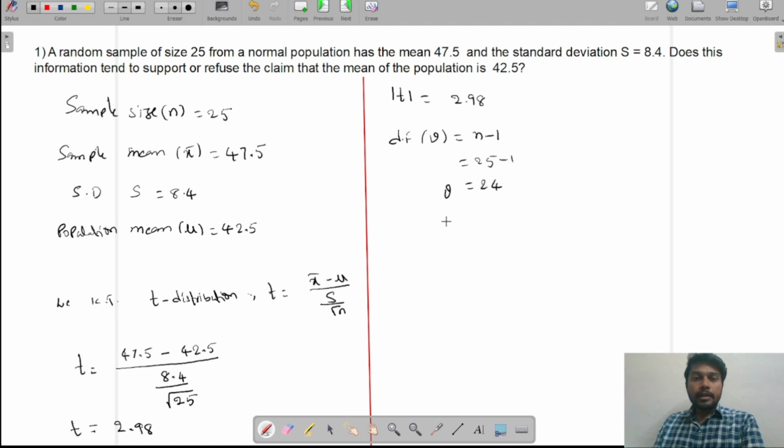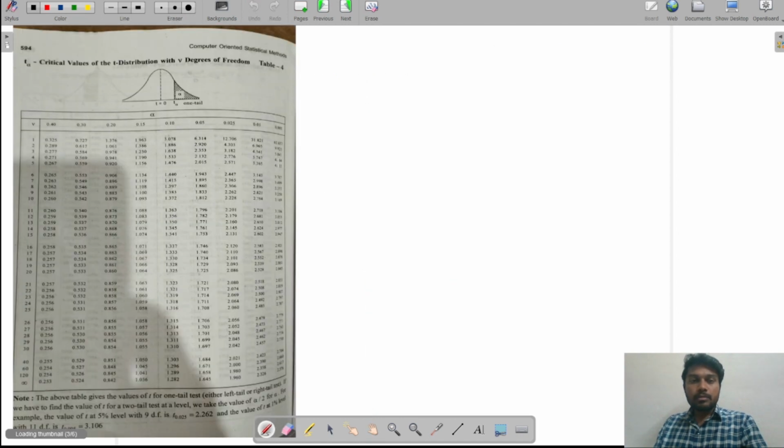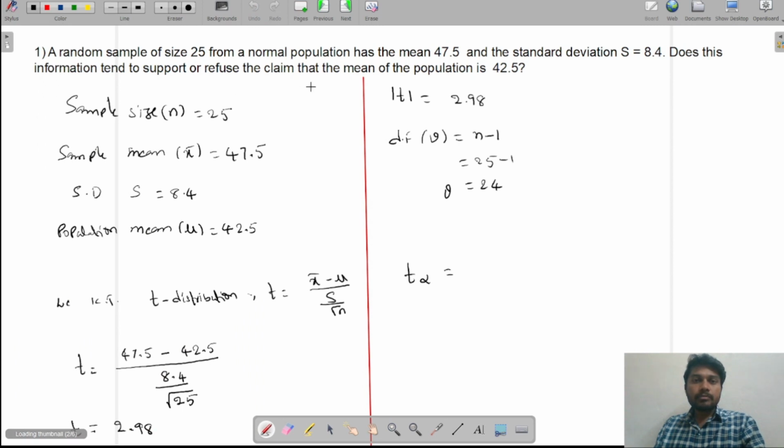And to identify the t alpha value from this table, we require the values of nu and alpha. So was the value of alpha given in the question, I mean the level of significance? No, right? So let us consider the level of significance alpha is 5 percent.